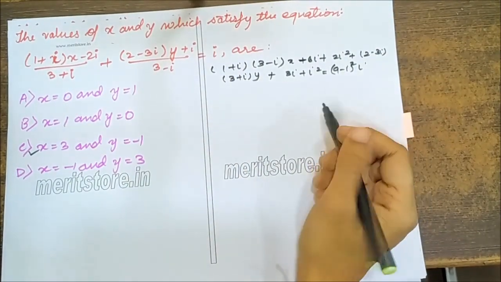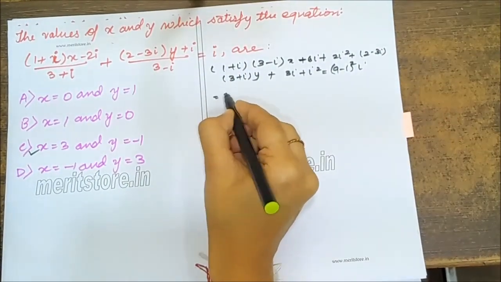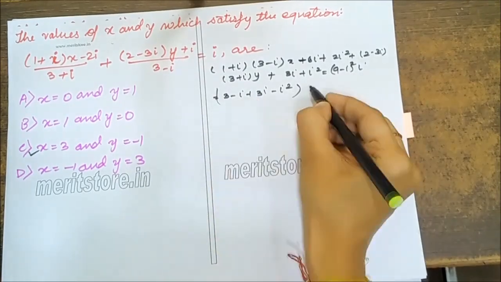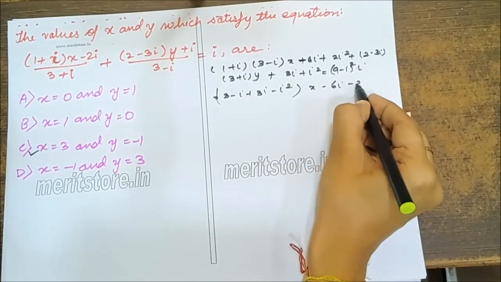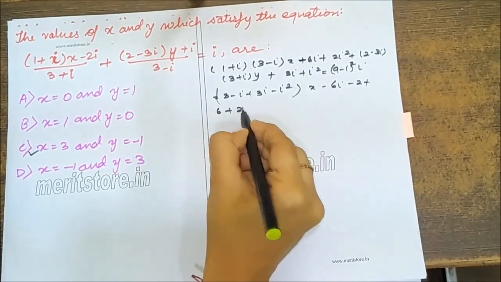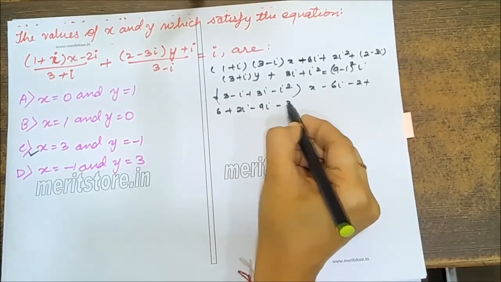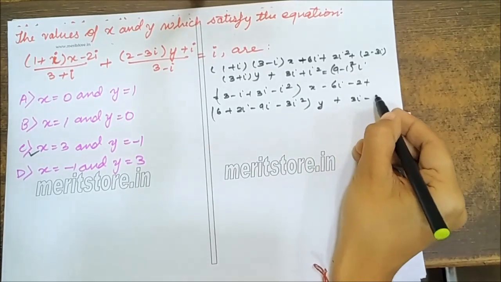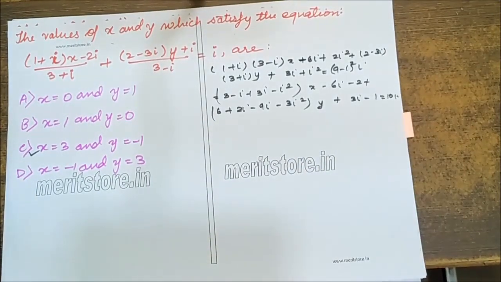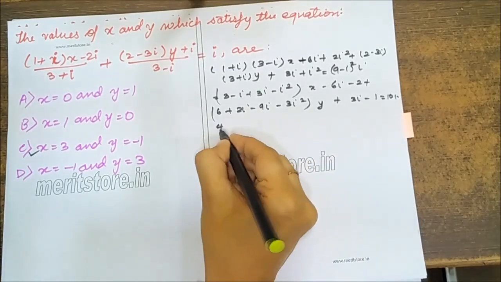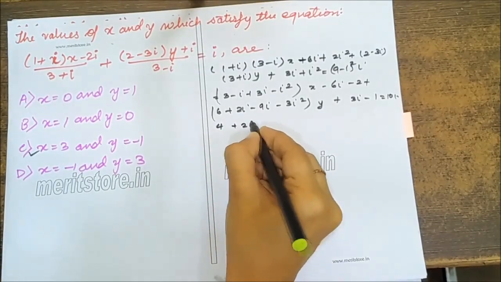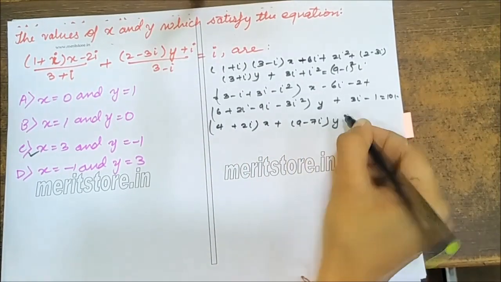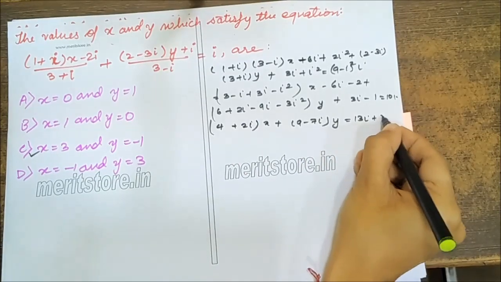So I will take it to the opposite side. (3 minus i)(3 plus i), minus i square x, minus 6i, minus 2 plus 6 plus 2i, minus 9i, minus 3i square, y plus 3i, minus 1 is equal to 10i. So what you get is (4 plus 2i)x plus (9 minus 7i)y is equal to 13i plus 3.